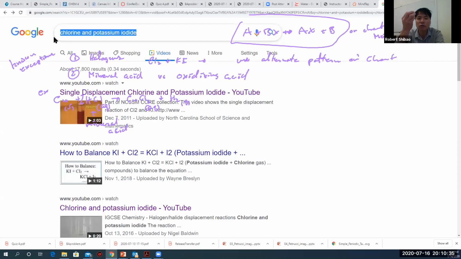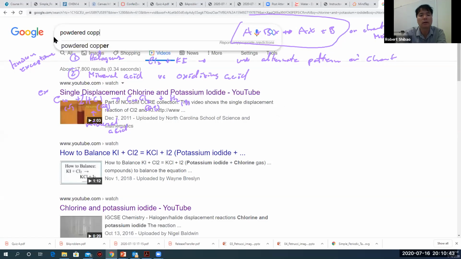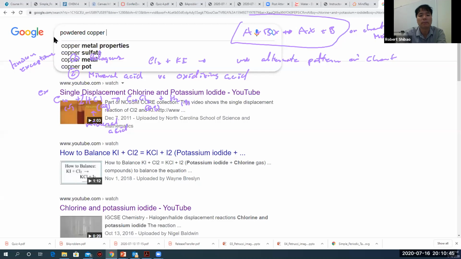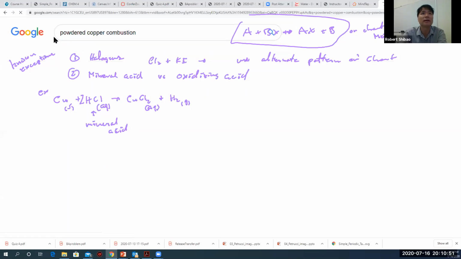It has to be powdered, and powdered metals are dangerous. Those powdered metals burn. Powdered copper combustion.